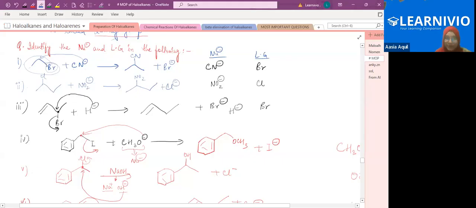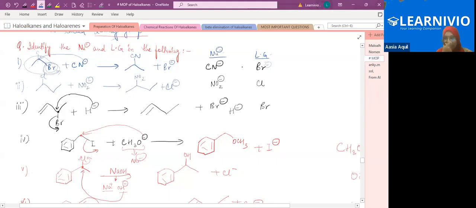So it will attack this carbon, and Br is a good leaving group, so it leaves, right? And the cyanide attaches over here and you will get this product. So what is the nucleophile here and what is the leaving group? The nucleophile is CN minus and your leaving group is Br minus.